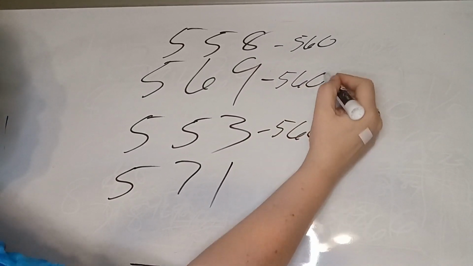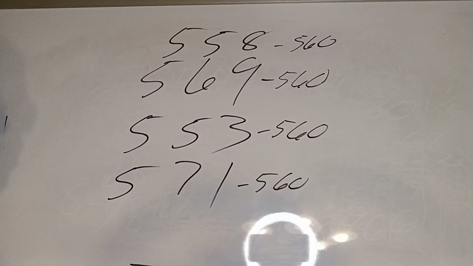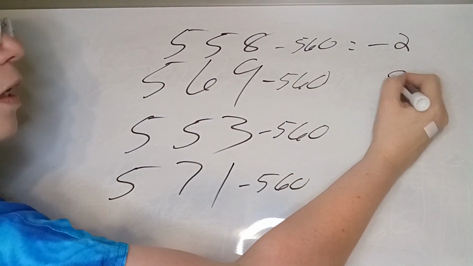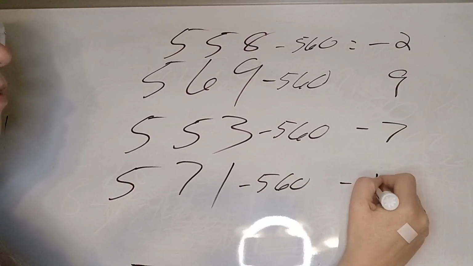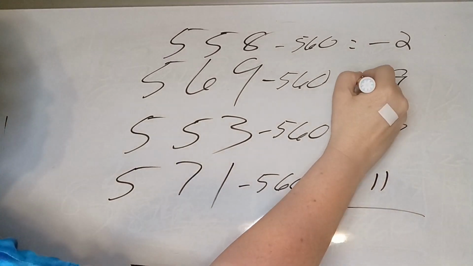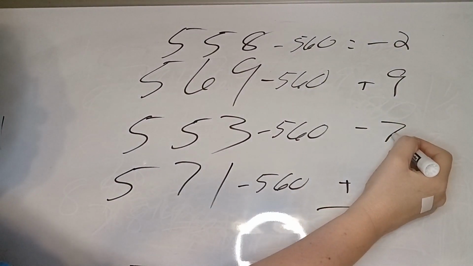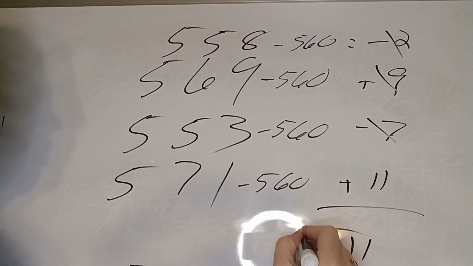That gives us -2, 9, -7, and 11. All right. Now the 9 covers the -7, the -2, and we just have 11 divided by 4.